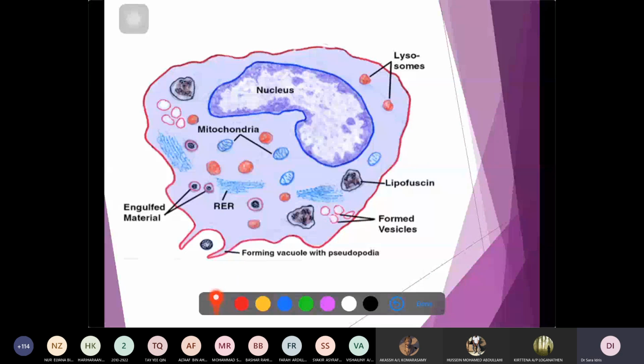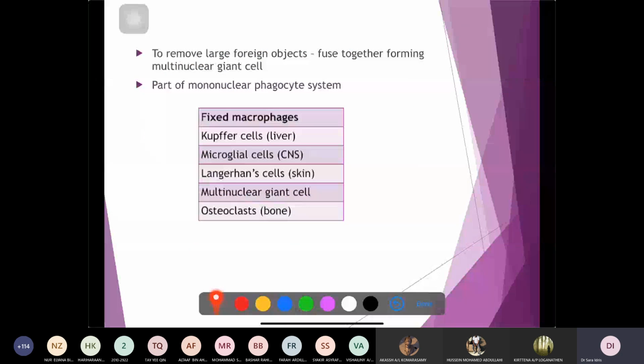And remember it has this chemotaxis ability, so it can fuse with other phagocytes to form a multinuclear giant cell to remove bigger foreign objects. So your macrophages, like I mentioned earlier, can either be wandering or fixed.